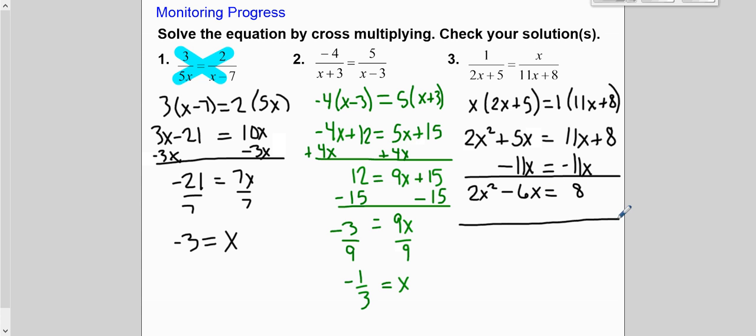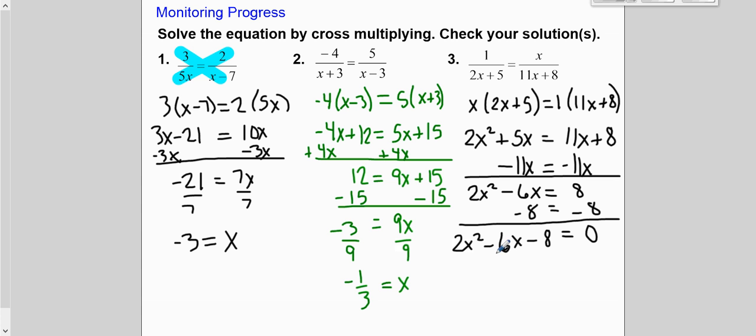We still need a 0. There we go. There's the 0. Okay, we need to solve this. We have it in standard form.